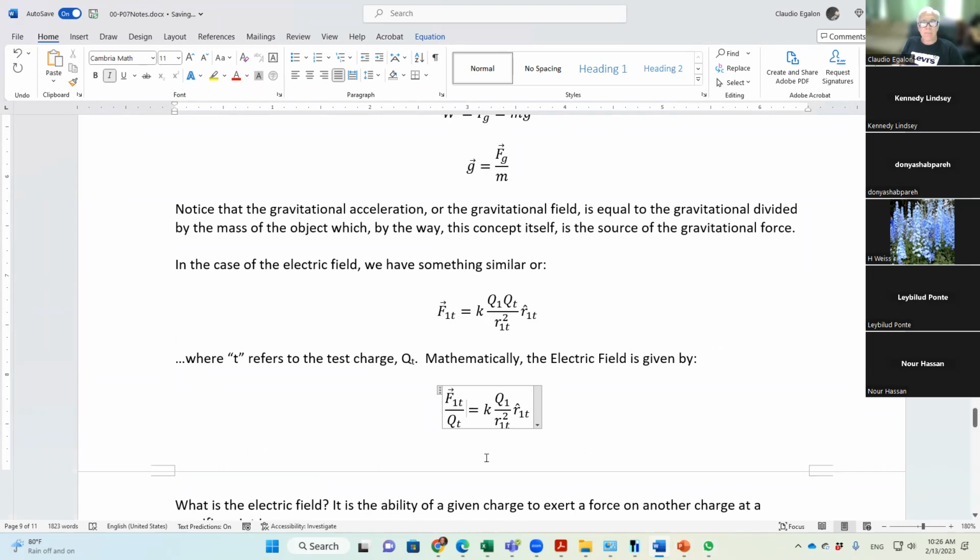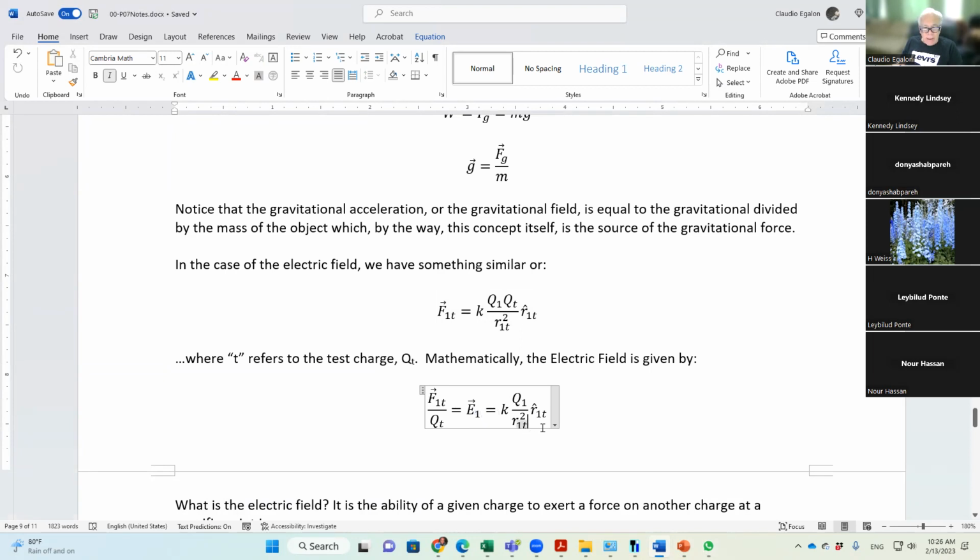And this force divided by the test charge becomes the electric field of the main charge 1. And we do not need to write the test charge anymore.